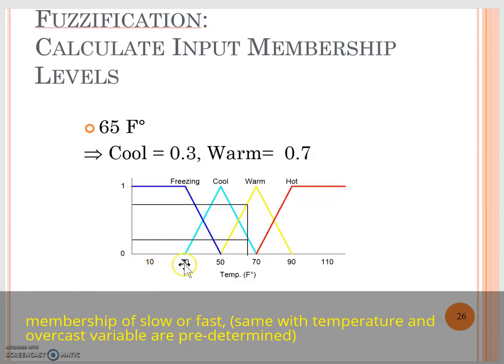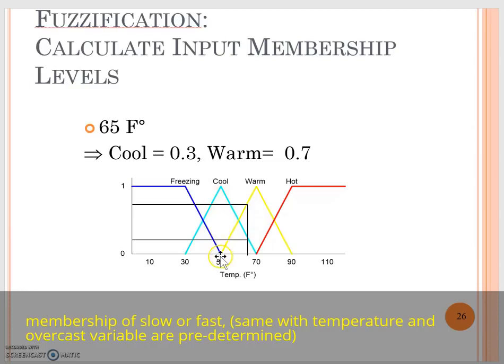From 0 degrees Fahrenheit until 30 is frozen, and then it becomes cooler, from 30 to 50 degrees Fahrenheit. From 30 degrees Fahrenheit until 70 degrees Fahrenheit, they call it cool. Still cold but not freezing. The most ideal cool temperature is at 50 degrees Fahrenheit.